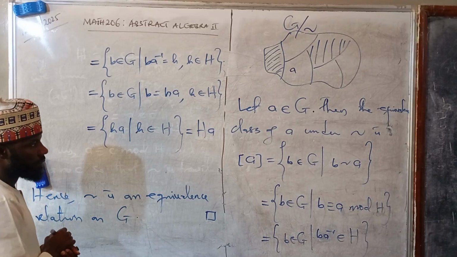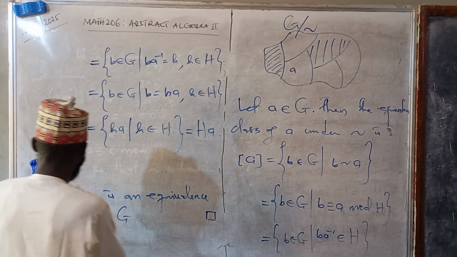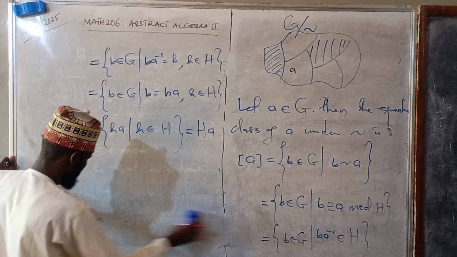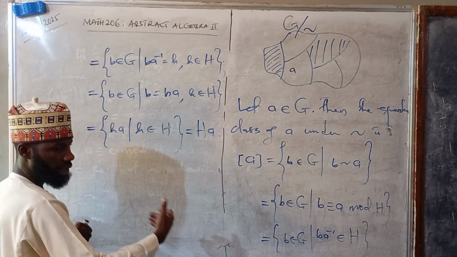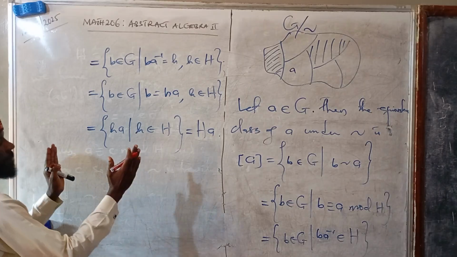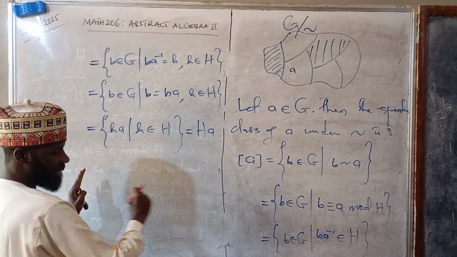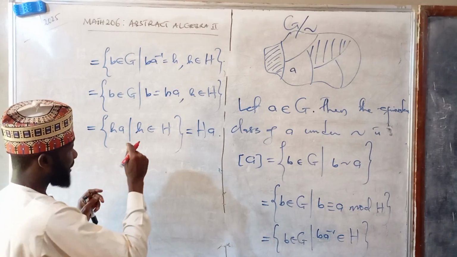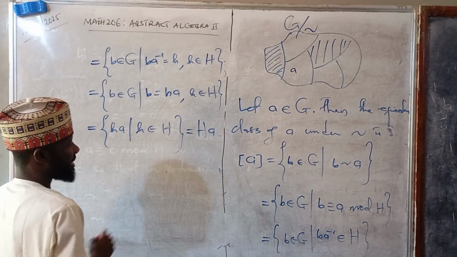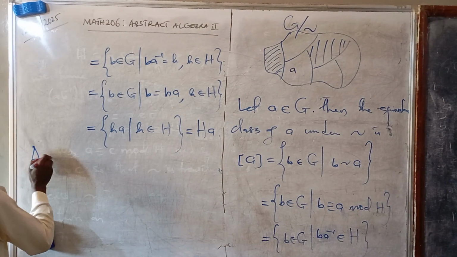It has a name, and this is what we call the right coset of H generated by A. You have your H, and all elements of H you multiply from the right by this particular element A, which is the generating element. So we have a definition now.